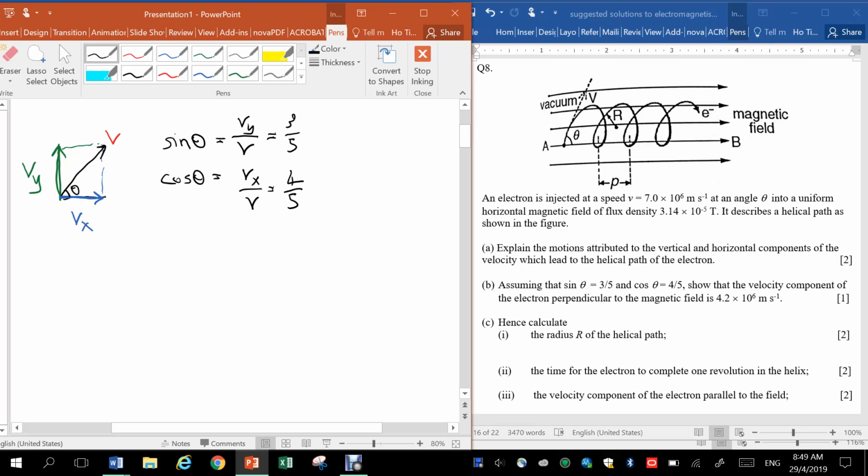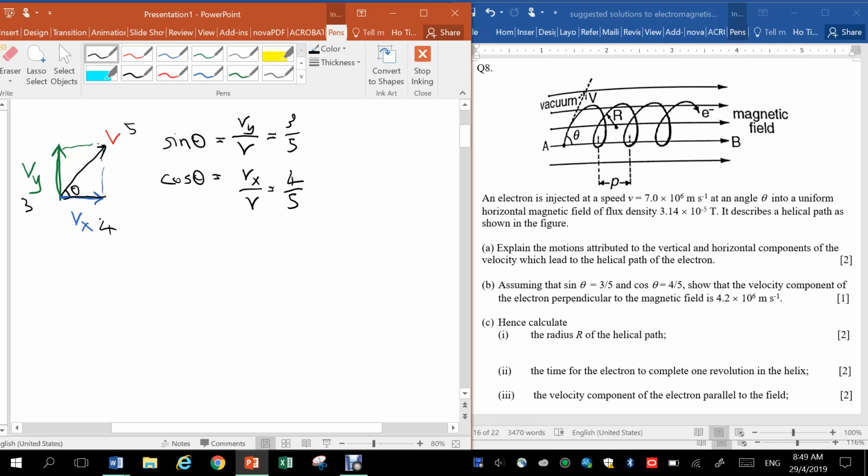They also use very nice numbers, which means that if we use the ratio, Vy should be 3, Vx should be 4, and V should be 5. It's very nice ratios of a right angle triangle.